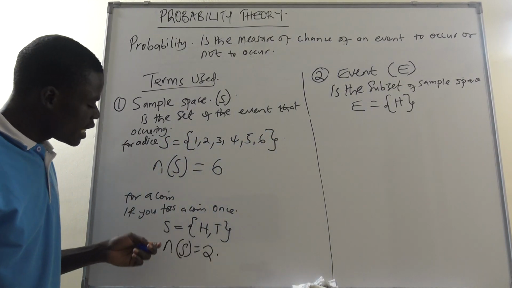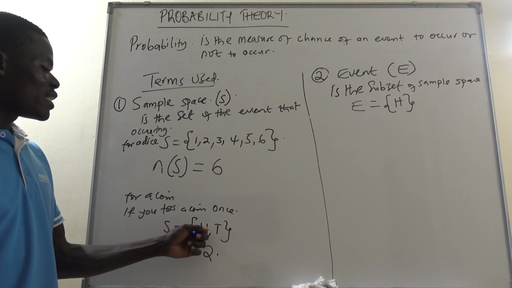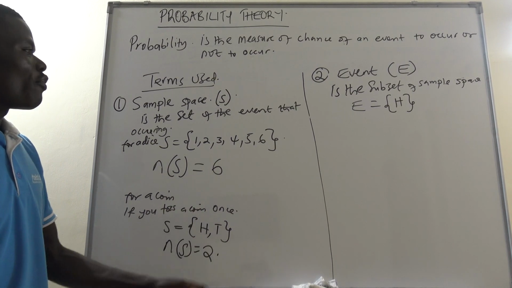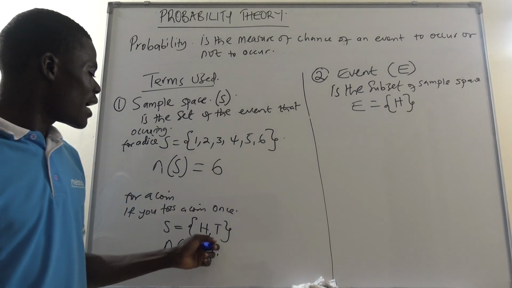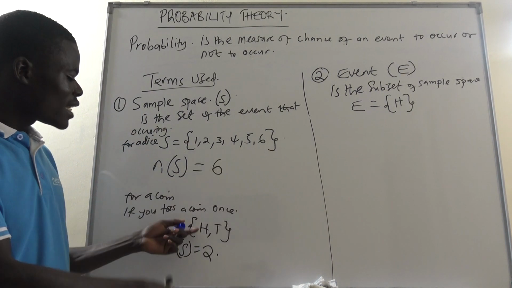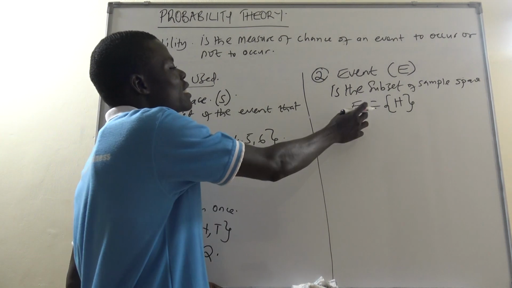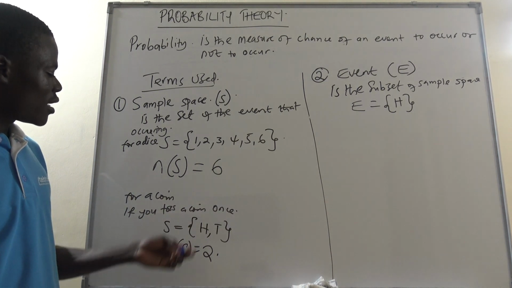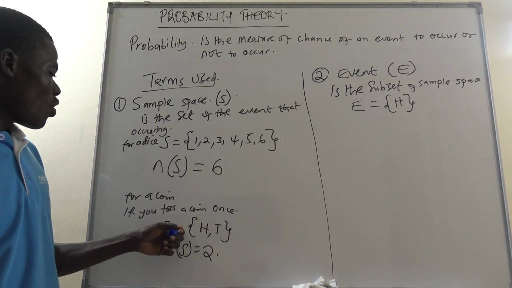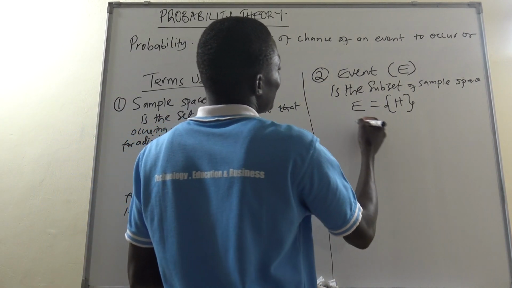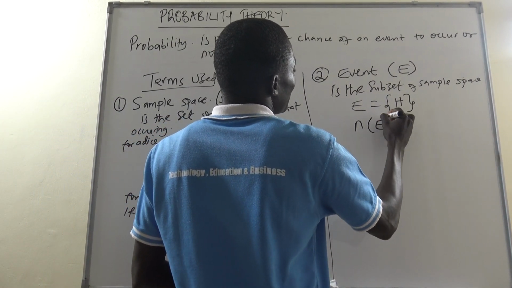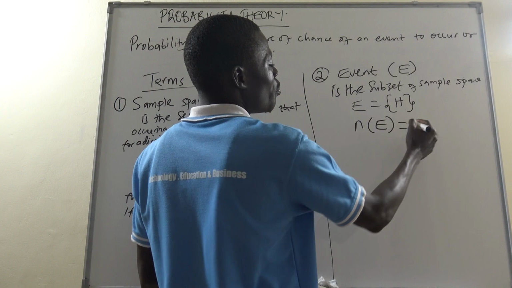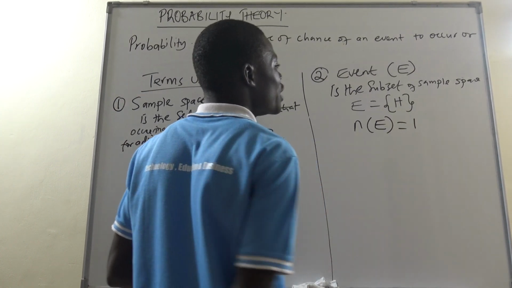Out of the sample space of the coin, that is head and tail, you want a head. Then a head is already a subset of S. So this event of it occurring as a head is a subset of sample space. Then what is the number of the event? You count those events which are there. If you have 1, you put it as 1. If you have 2, you put 2.